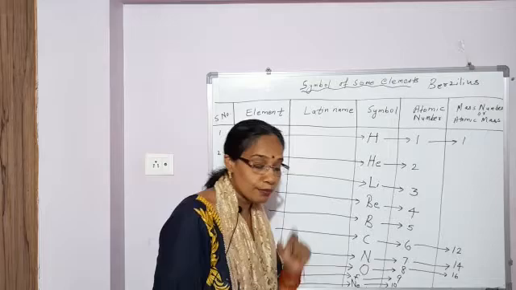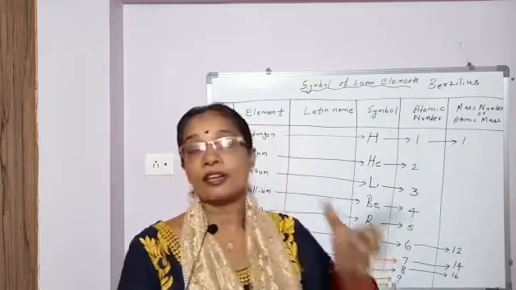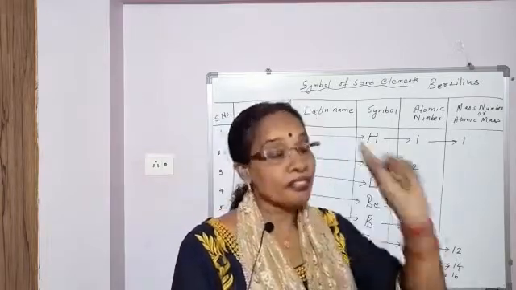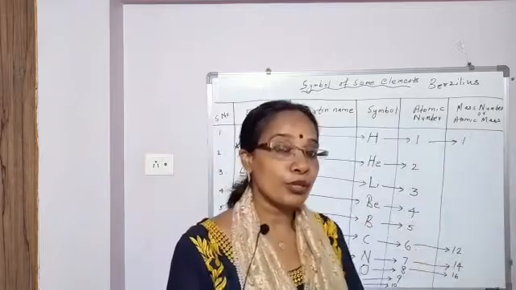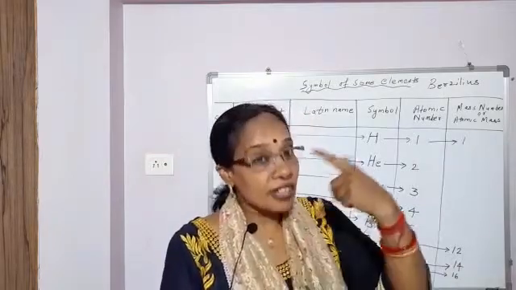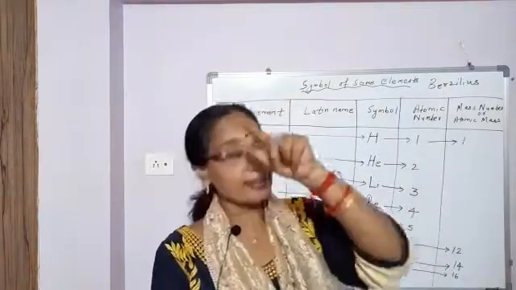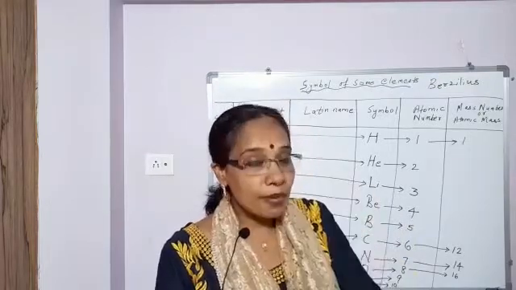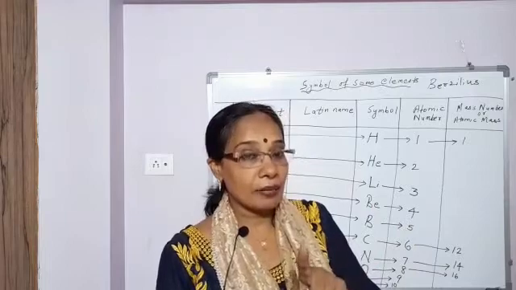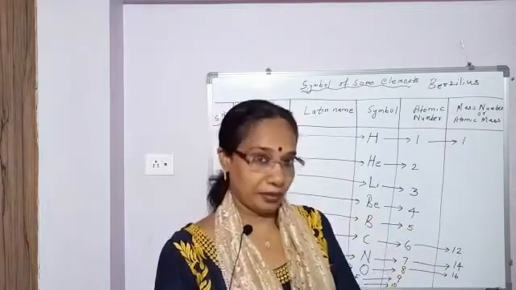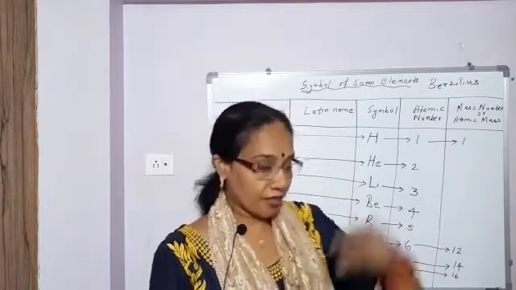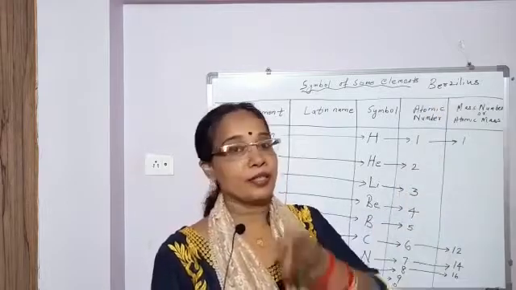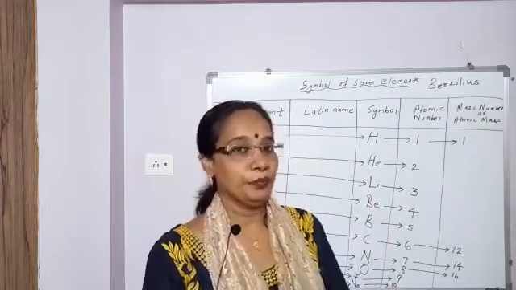So to write the symbol, students, either the first letter of the element is used, or the first and second letters are used, or the first letter and a sound of the second letter are sometimes used, and sometimes the symbol of the element is written from the Latin name of the element. Okay. Further, when we write more elements, it will be clear to you.